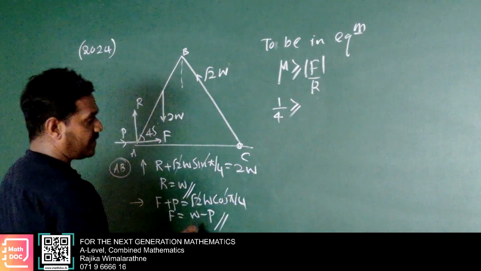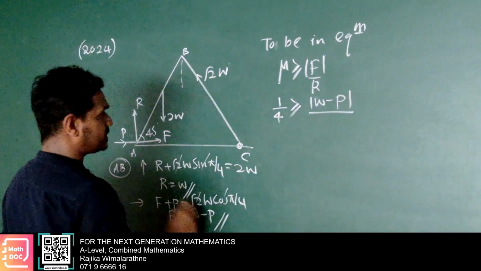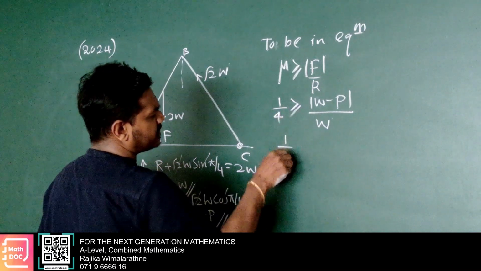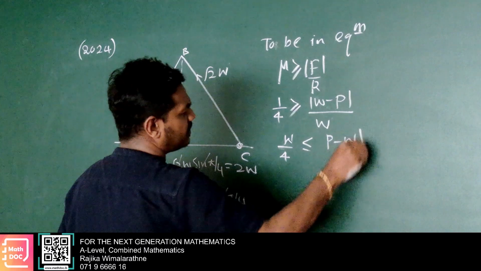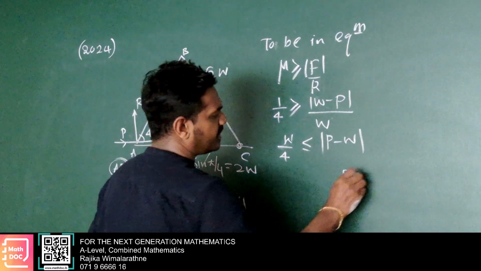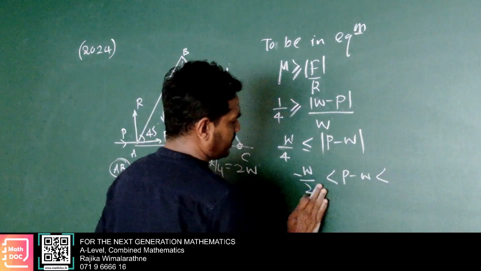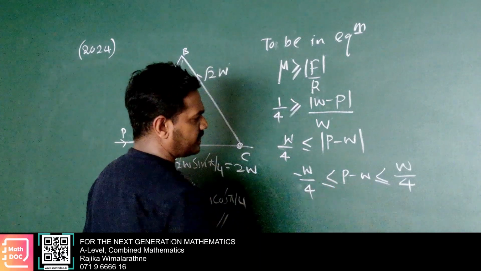F value W minus P modulus, R value is W. Now here 1/4, W divided by 4 less than or equal, you better write here P minus W modulus. Then here double inequality, we can write now P minus W now in between minus W over 4 to W divided by 4 with equal. No?